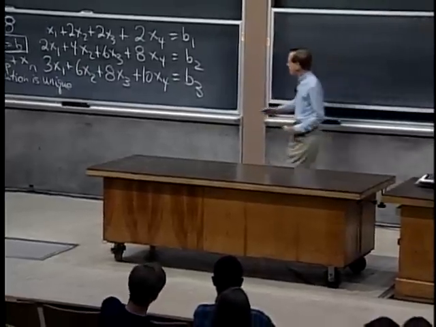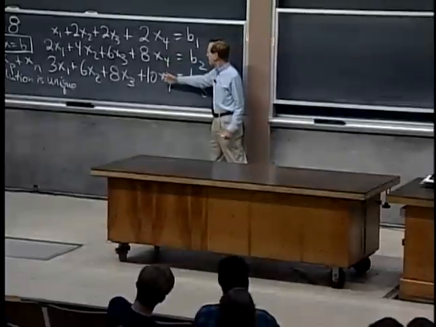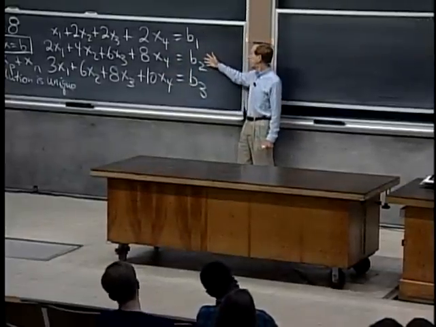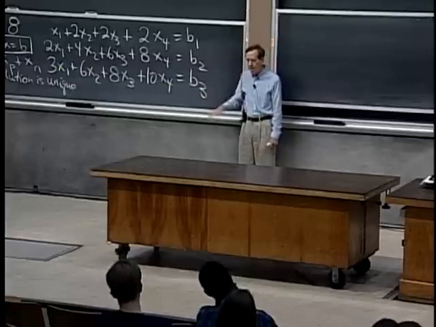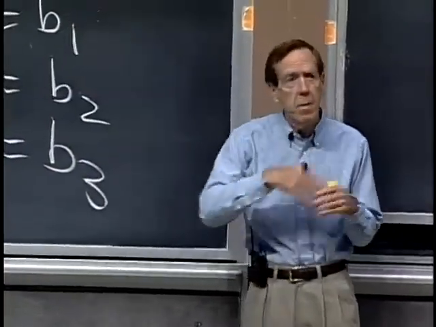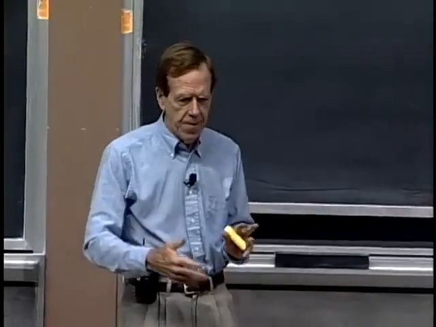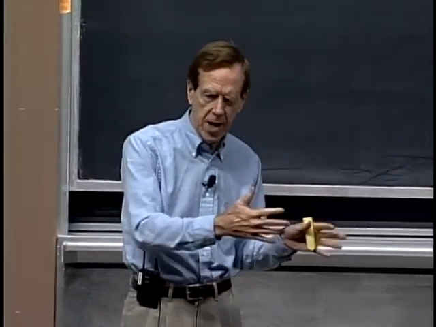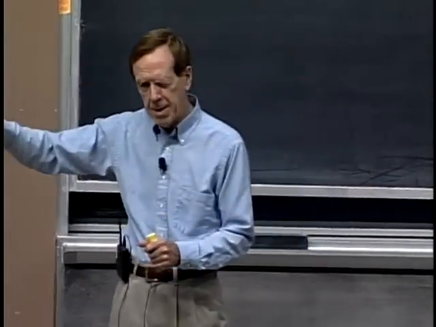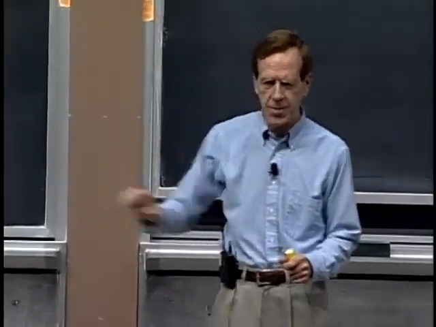If these left-hand sides add up to that, then I need b1 plus b2 to equal b3. Let's just see how elimination discovers that. But we can see it coming, right? If some combination on the left-hand side gives all zeros, then the same combination on the right-hand side must give 0.